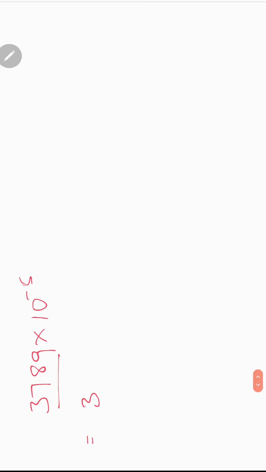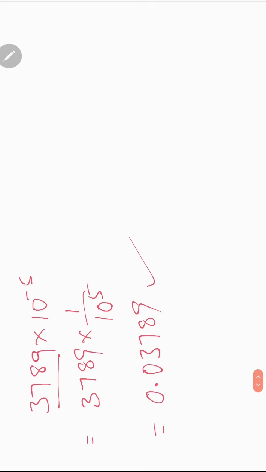Here 1 by 10 power 5, that is equal to, here how many zeros are there? 5. That means how can we write 0 point, after the point how many digits? 5 digits must be there: 3789. So this is the usual form of the given standard form.